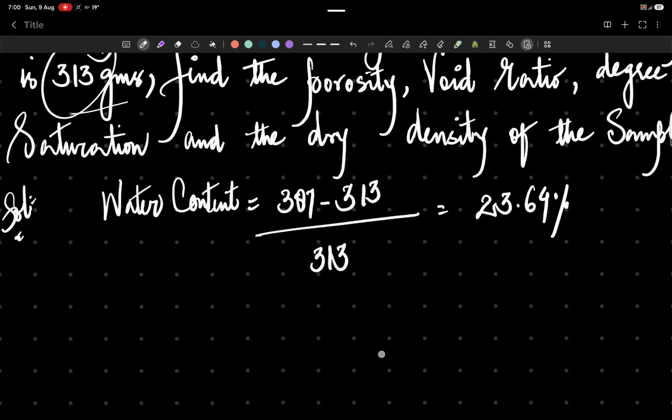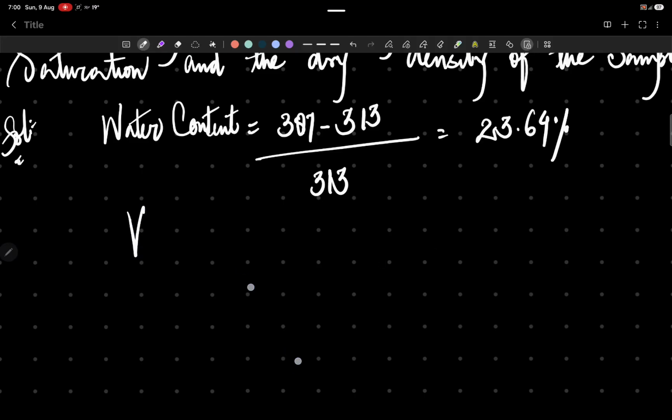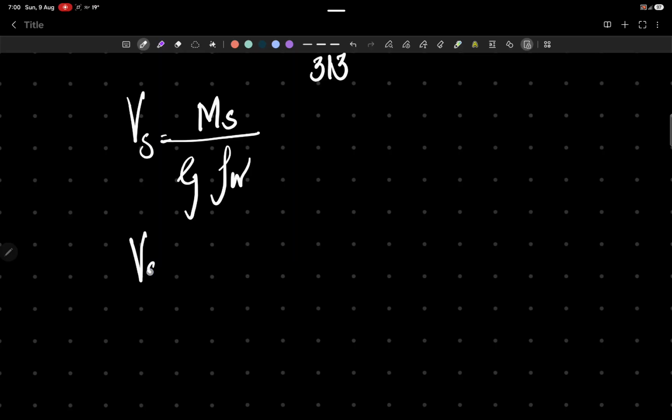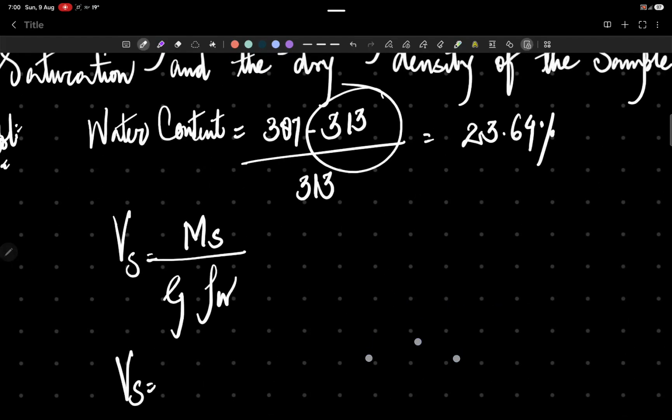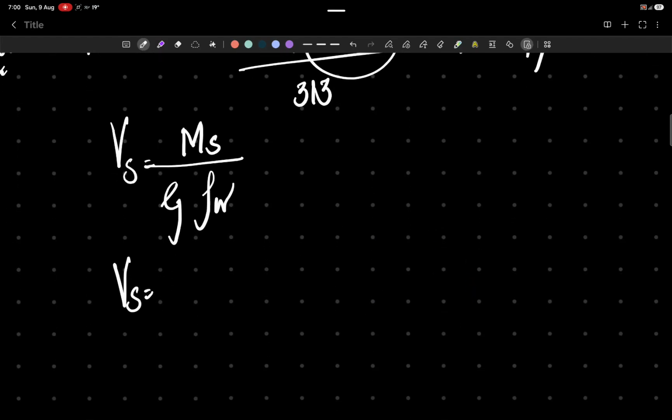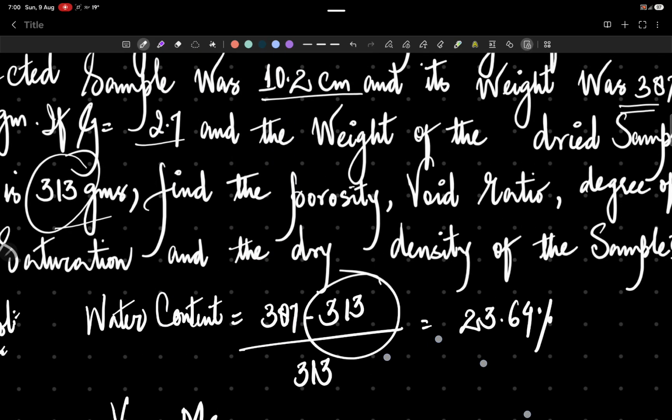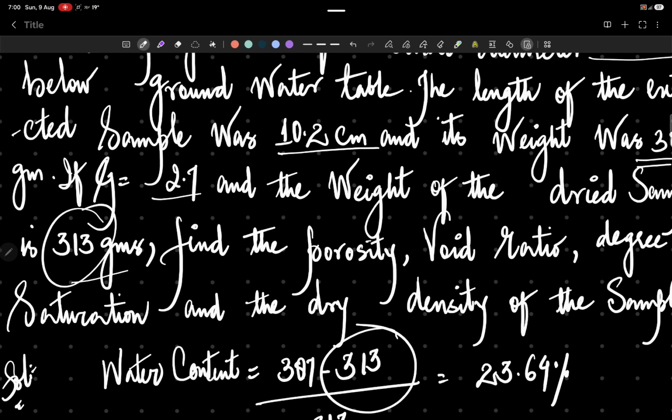With the help of this, we'll find the volume of soil solids, which is mass of solids divided by G and density of the water. Mass of solids is this much, because after drying we're only having the mass of the soil solids, that is 313 grams, divided by G, as given in the question, we have been asked to use it as 2.7.